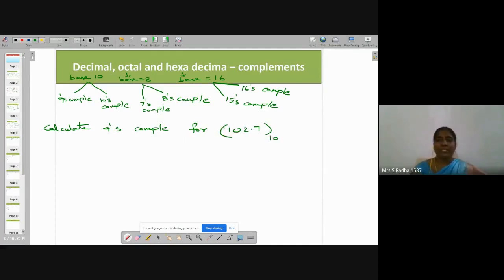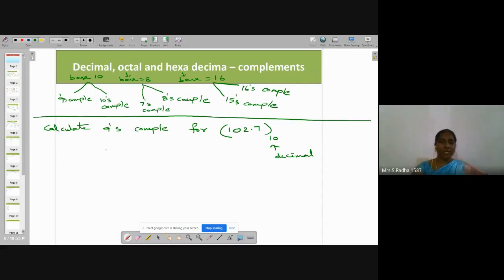Base 10 means this is a decimal number. Given is a decimal number, and 9's complement and 10's complement are possible for a decimal number. How to calculate 9's complement? You take the number that is given and subtract every digit from 9. The answer is the 9's complement.